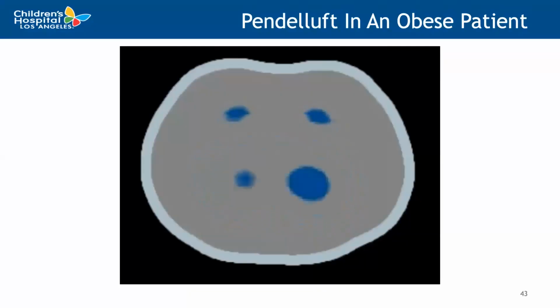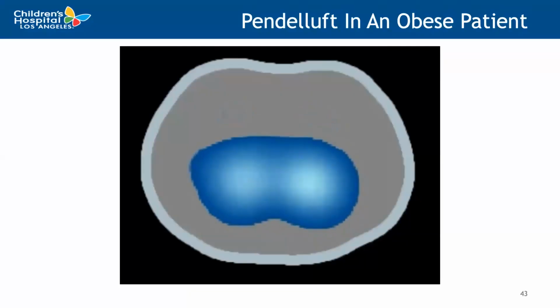And so likely the posterior areas of lung had increased resistance or decreased compliance, and therefore were filling slower than the anterior lung units just due to body habitus and chest wall. And interestingly enough, in this patient, we were able to overcome the pendelluft by increasing their PEEP and their pressures to overcome those variable time constants in the anterior and posterior lung units. And so again, EIT was very helpful in managing this particular patient.